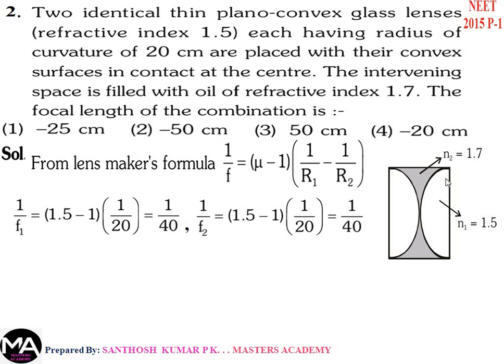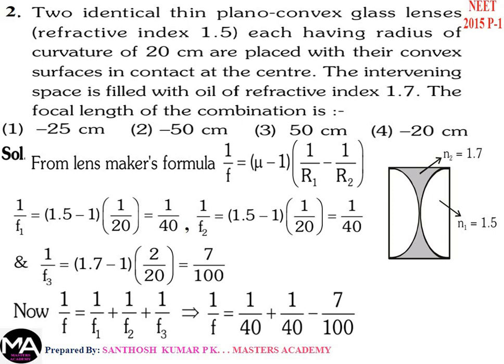So the second, what we consider is the medium, it is nothing but a concave lens. So 1 by f3 is equal to (1.7 minus 1) into 2 by 20, which is 0.7 into 2 by 20, that is 1 by 10, which is 7 by 100. Therefore, the effective focal length: 1 by f is equal to 1 by f1 plus 1 by f2 plus 1 by f3.